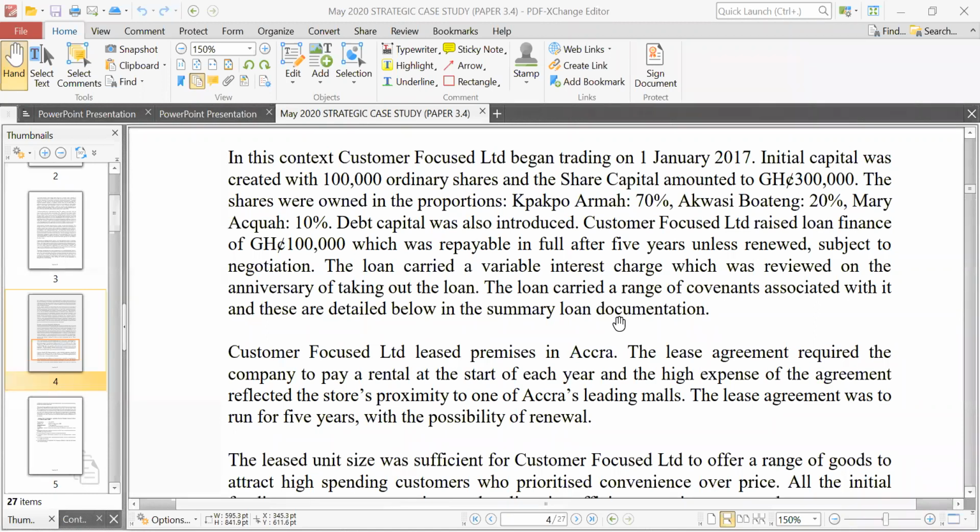So when you look at it from a gearing standpoint, which is your debt over your debt plus equity, it means that your gearing ratio would be about 25%, if I'm not mistaken. The only problem we see here, after 5 years, is a variable interest charge.